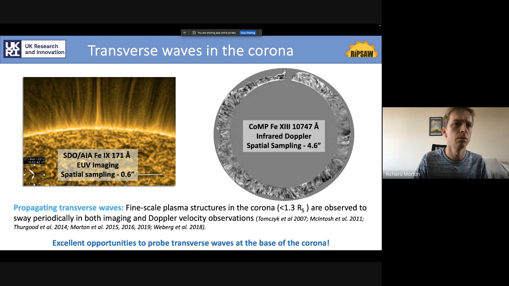If you assume that these waveguides are near cylindrical, then you have a lot of modes based on the axisymmetry of the cylinder, or the behavior about the cylinder's axis. The one that is periodic and swaying from side to side is called the kink mode. The sketch here shows the transverse displacement that you see clearly in SDO, and you infer from the Doppler velocities of CoMP that this fine scale structure is swaying.